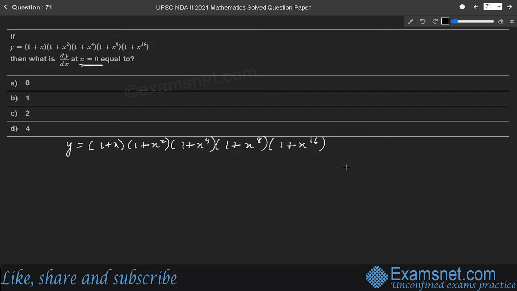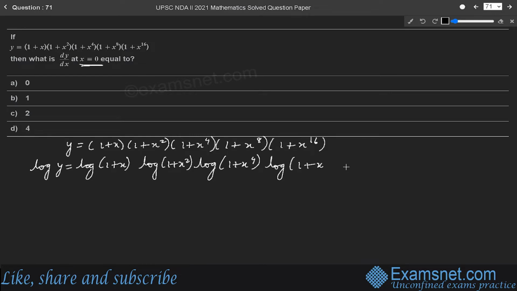See, this is a trick to solve this question. So we will take log on both sides. It will be log y is equal to log (1 plus x) plus log (1 plus x square) plus log (1 plus x to the power 4) plus log (1 plus x to the power 8) and log (1 plus x to the power 16).